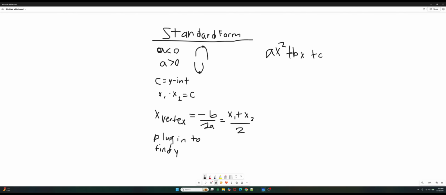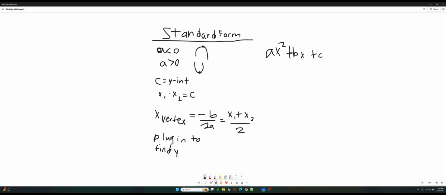concave up. The c value is the y-intercept for the function, and you could find c by multiplying both of the roots of the quadratic function, or it would just give you c right there in the equation. Sometimes it asks you to find what c is, and it will give you two roots, so remember this formula as well.